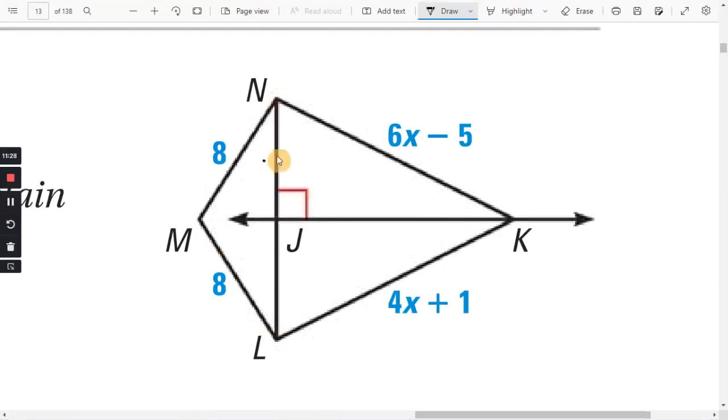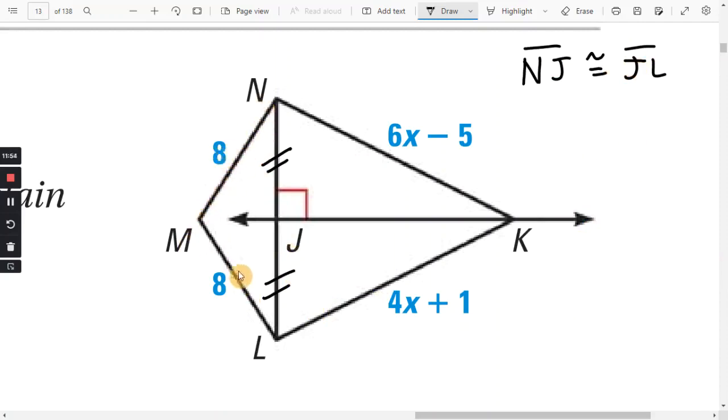So this one, which is NJ, is congruent to this one, which is JL. So NJ is equal to JL, or you could say they are congruent. You can make it equal without the bars or congruent with the bars, same thing.